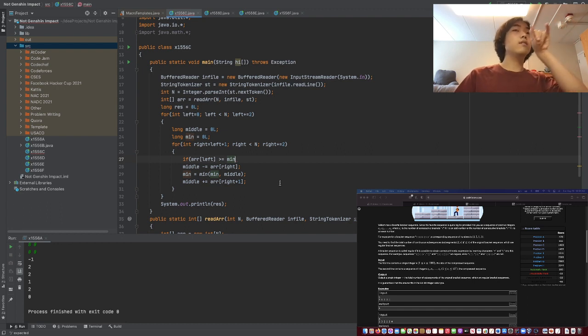If over here it's at least as large as min, then it's possible to offset this over here. But if it's at least as large as min, then we would have to have 1 based on this right sequence over here as well, in which case it would have to be strictly greater than. We'd have to have at least min plus 1, so it has to be strictly greater than min in order for it to be possible at all.